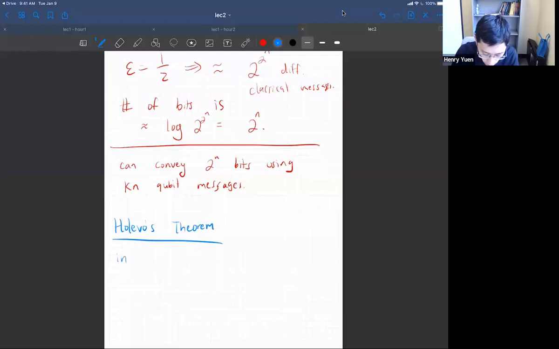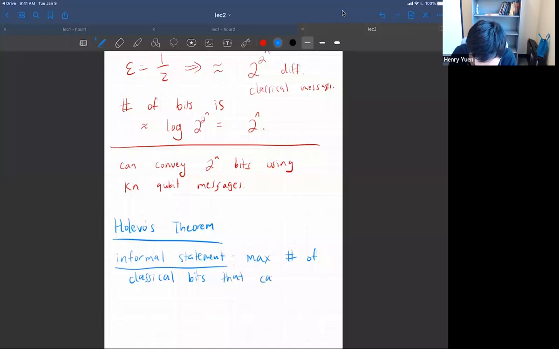I'm not going to write down the formal statement of Holevo's theorem, but I'll just say what we need to conclude this argument, which is that the max number of classical bits that can be reliably encoded into n qubits is n.